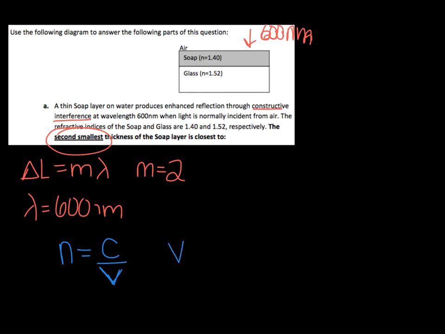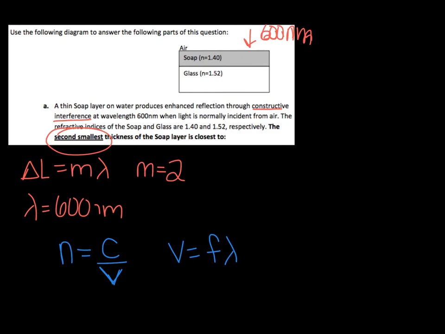I also know about waves that velocity is frequency times wavelength. Frequency will not change, but the wavelength will. Since the speed went down by 1.4, the wavelength has to also go down by 1.4. So I'm going to do 600 divided by 1.4.